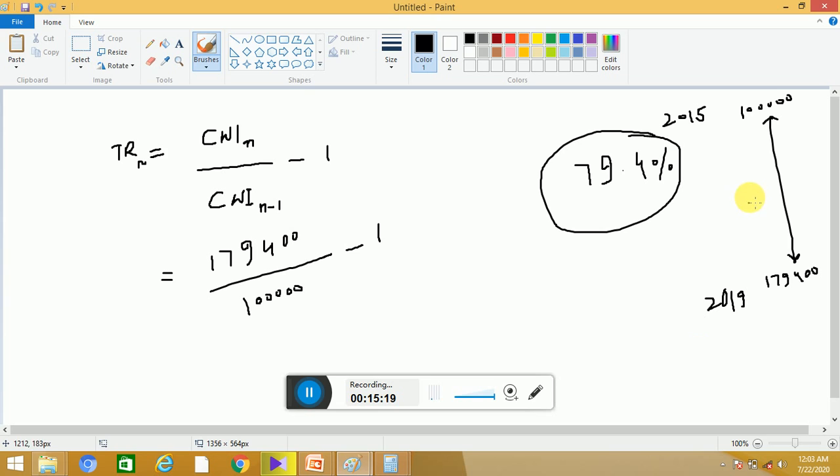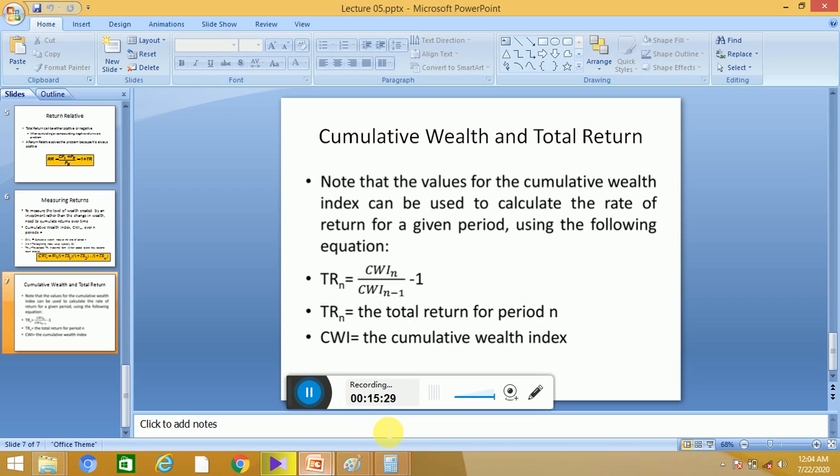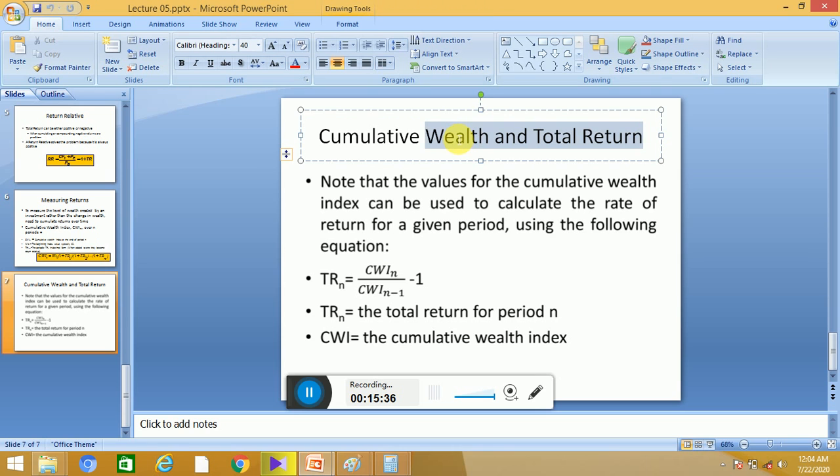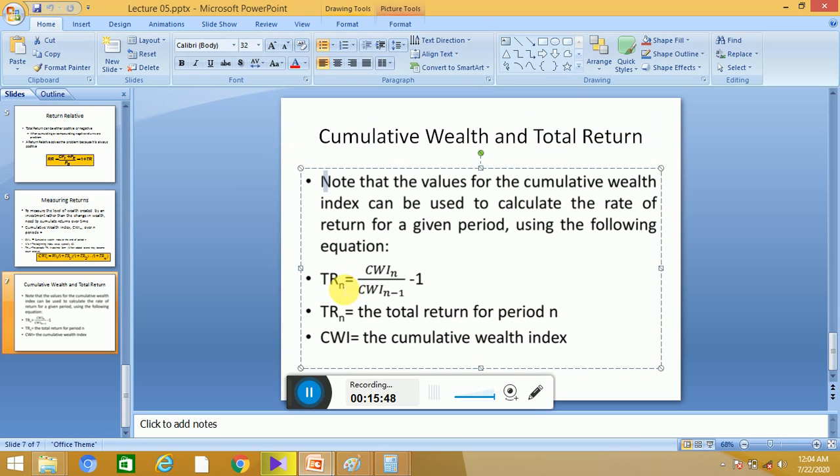So cumulative wealth is used for calculating the total return. Just like here it is mentioned, cumulative wealth and total return means cumulative wealth can be used to calculate total return for n periods of time.